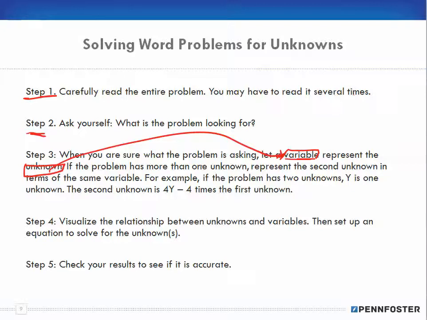If the problem has more than one unknown, represent the second unknown in terms of the same variable. For example, if the problem has 2 unknowns, y is one unknown. The second unknown is 4y. It's 4 times the first unknown.